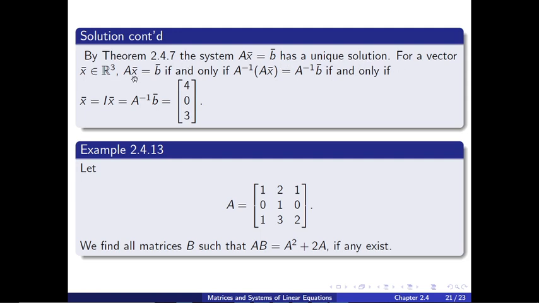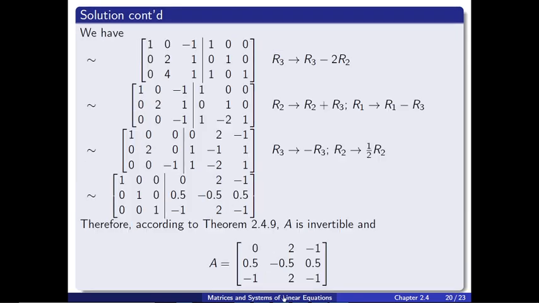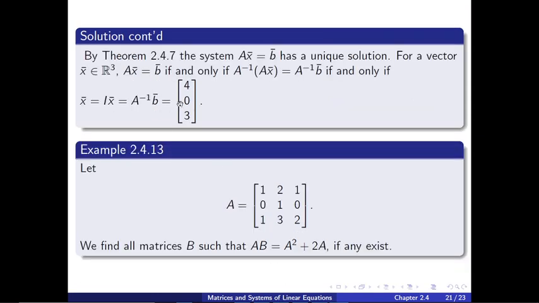For a vector X in R3, AX equals B if and only if A inverse AX equals A inverse B. And that is equivalent to saying that X equals IX, which equals A inverse B, because A inverse AX becomes IX, which is X. So we use the inverse that we found here, multiply it with B, and we get 403. That becomes our unique solution.